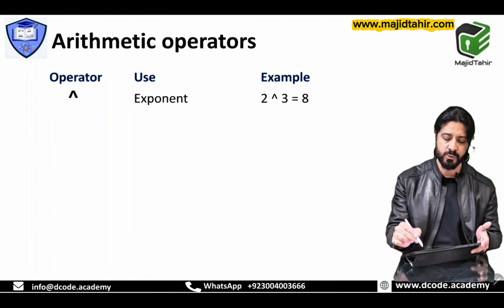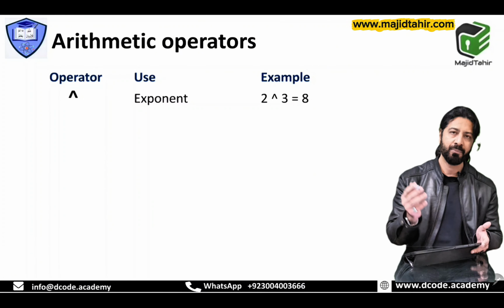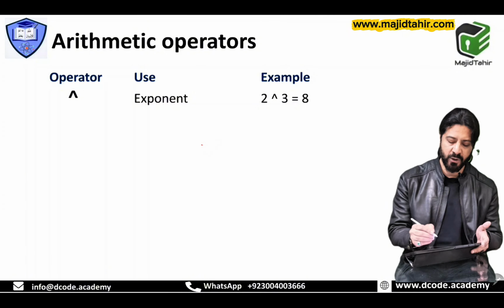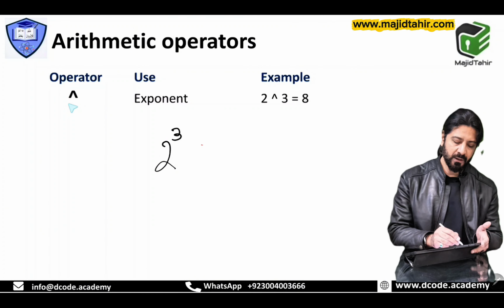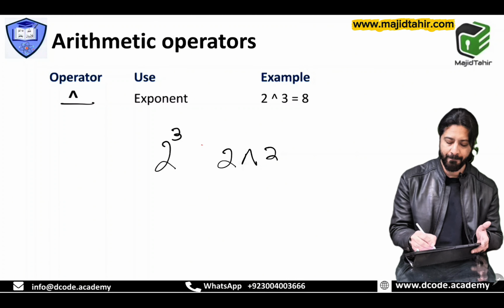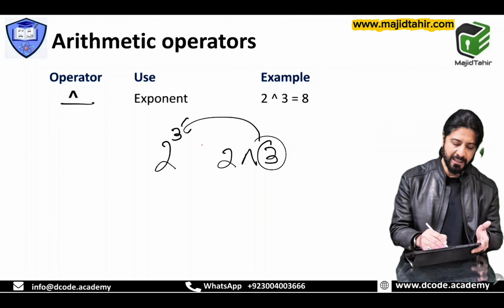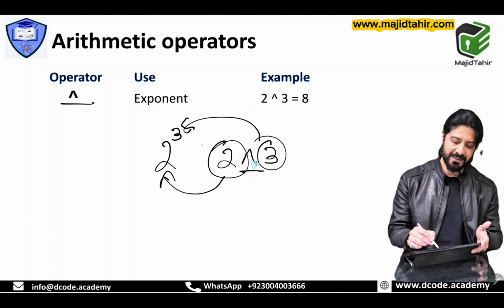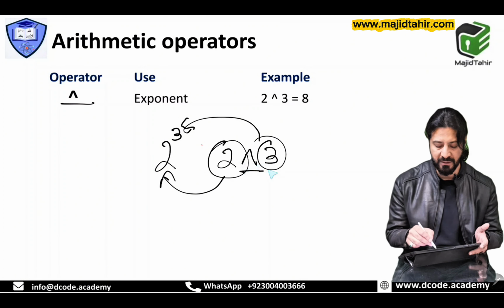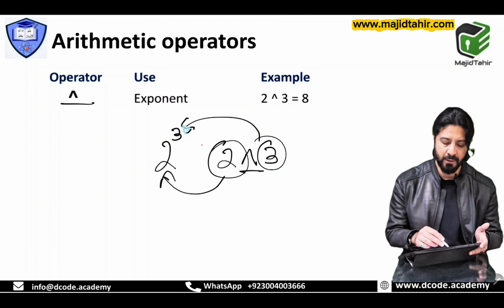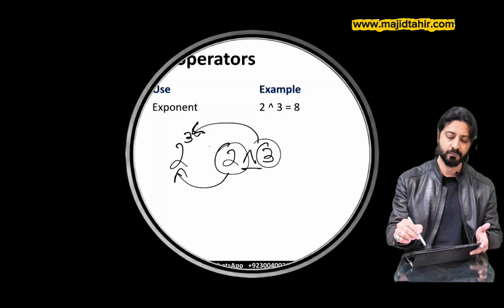In mathematics, if you write 2 raised to the power 3, in computers we use a different operator. So in computers we write 2 cap 3. Now this 3 goes in the exponent portion and this 2 is the base, and the cap tells that the number that comes after it is going to be the power or the exponent.